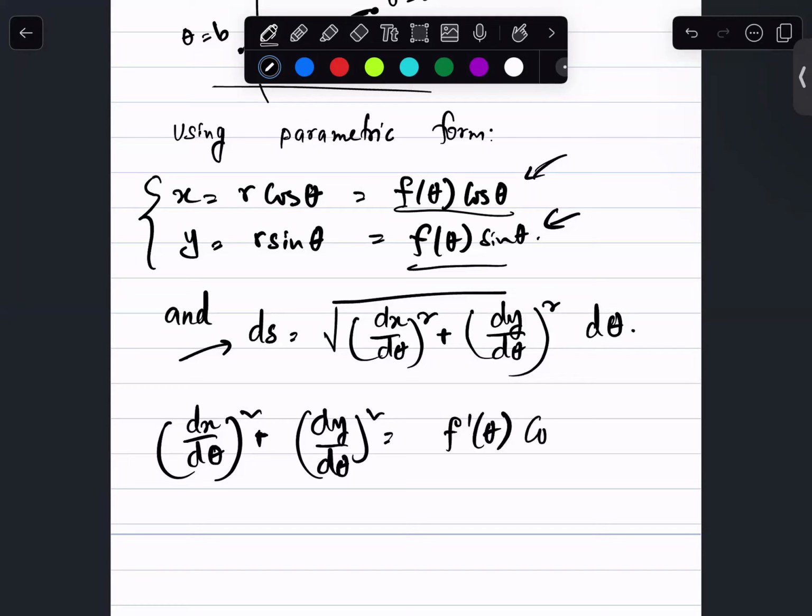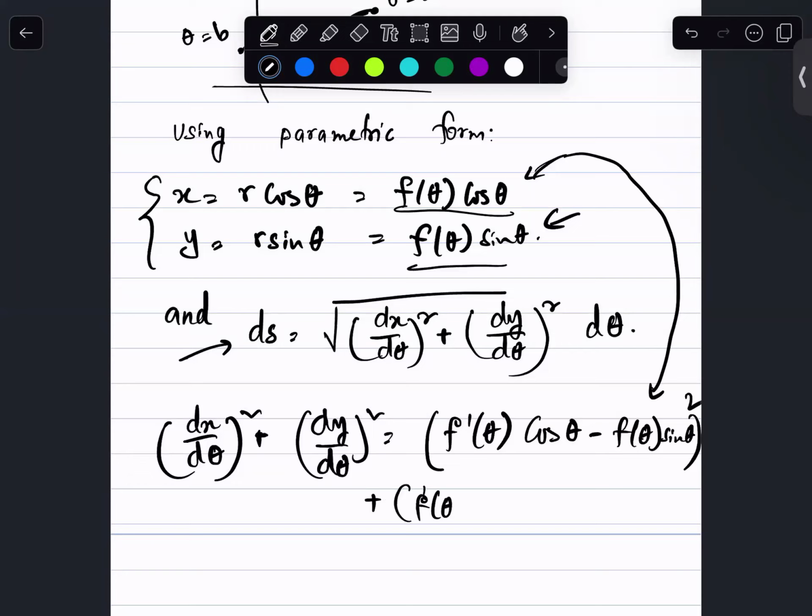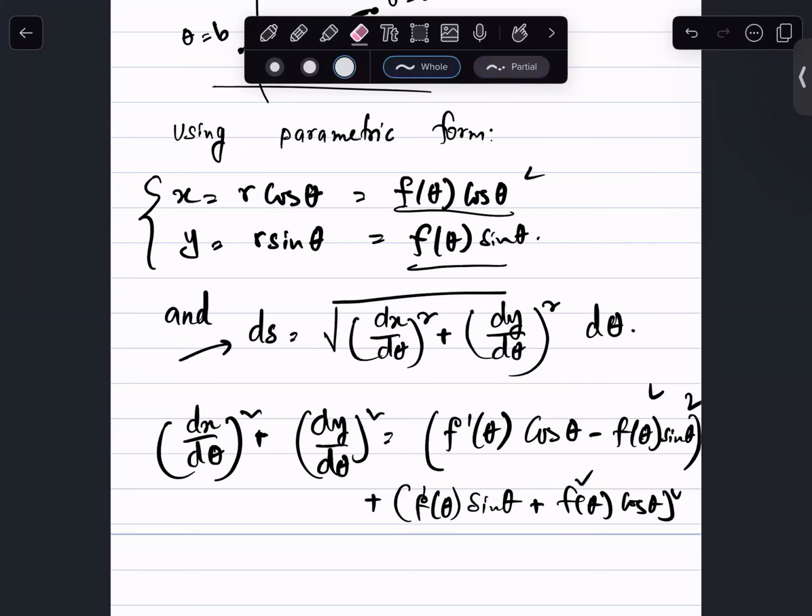Basically, I'm using this expression and taking the derivative of it, squared, plus f'(θ) sinθ plus f(θ) cosθ, squared. And this is coming from there. Okay, cool. So far, so good.